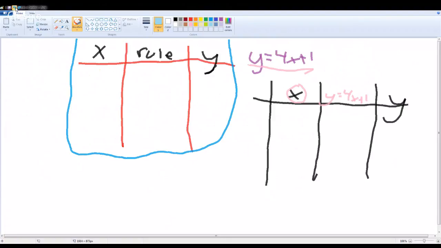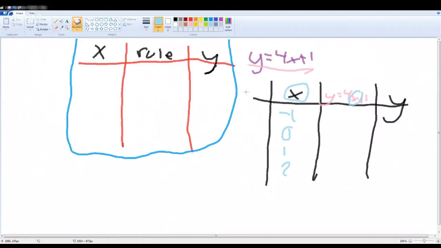Since they didn't give you any numbers, usually I just do -1, 0, 1, and then 2. And then you're good to go. So right here it says X. Now you have it.